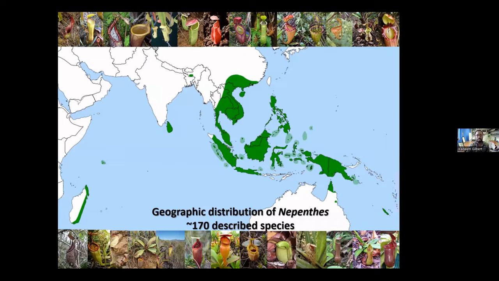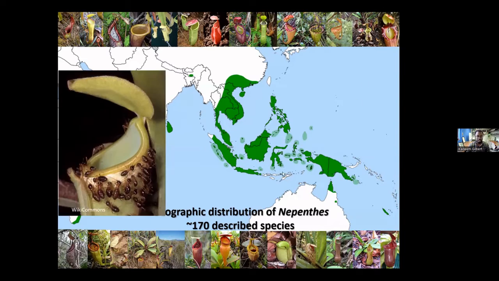But across the range of its distribution, you see a range of morphological diversity, right? So lots of different species with their pitchers of different shapes and sizes. And then in some cases, researchers have found connections between that morphological diversity and ecological implications for their interactions with other organisms.